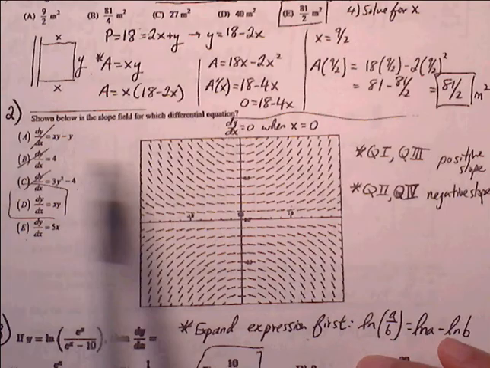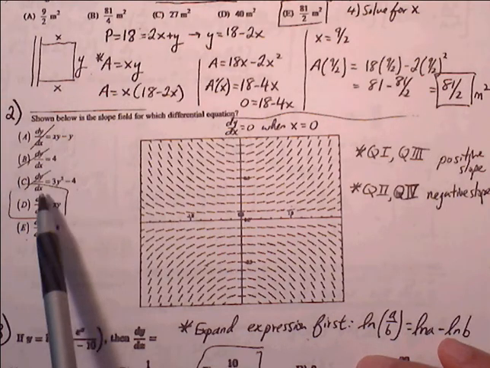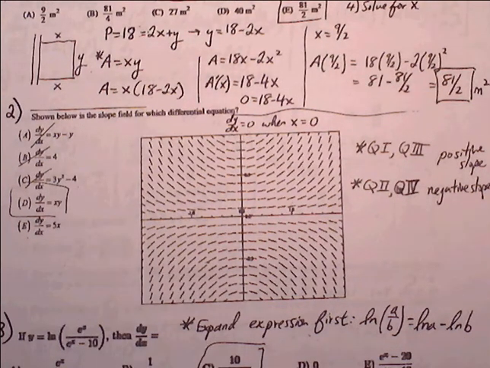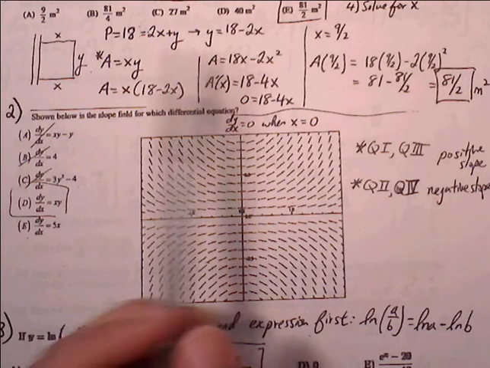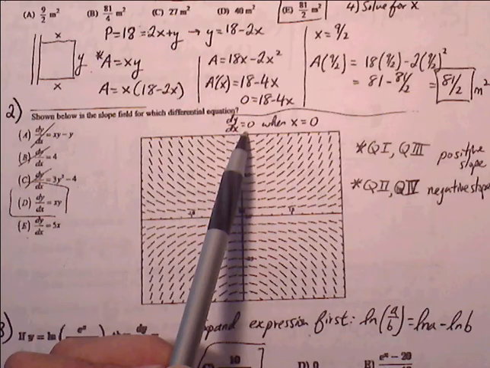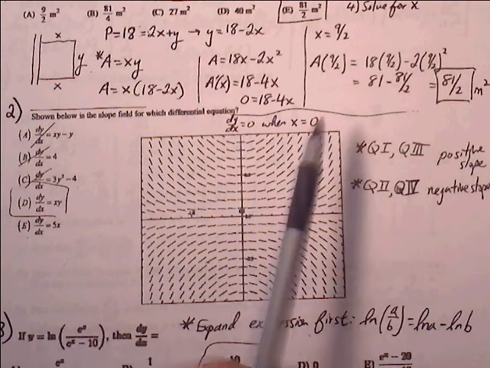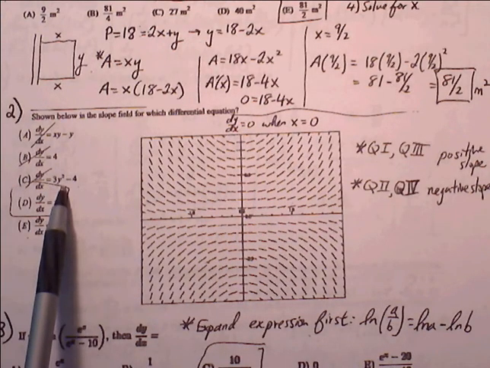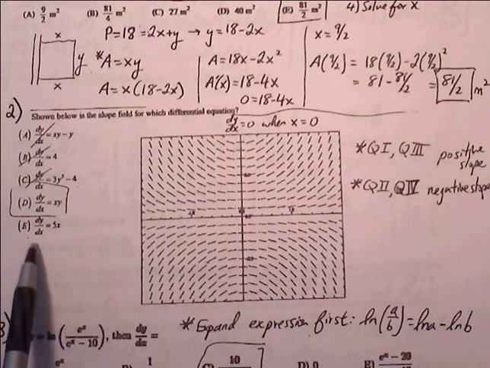These are not a constant value of 4, so we know this can't be it. 3y squared minus 4. There are no x values to plug in, so the derivative is not always going to be 0 when x is 0, because it's completely dependent on the y value, so we know this can't be it.